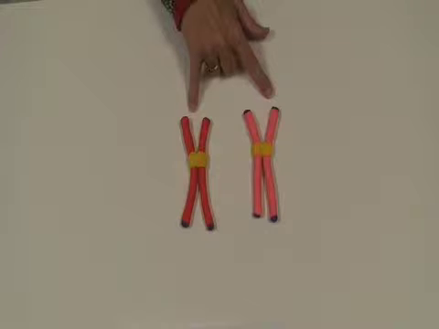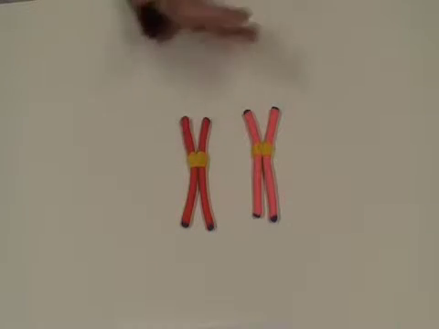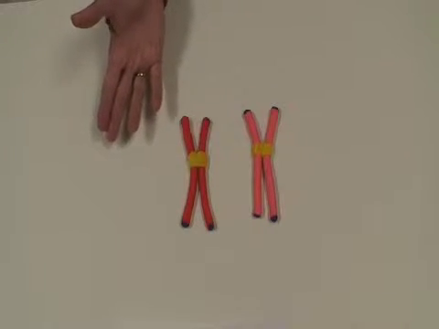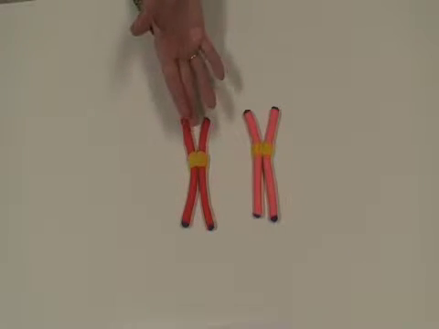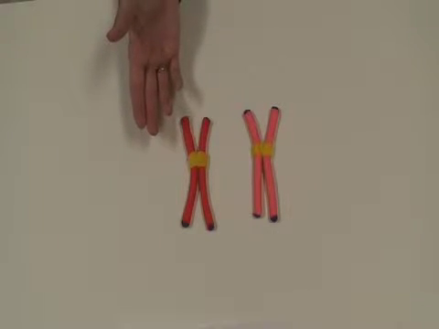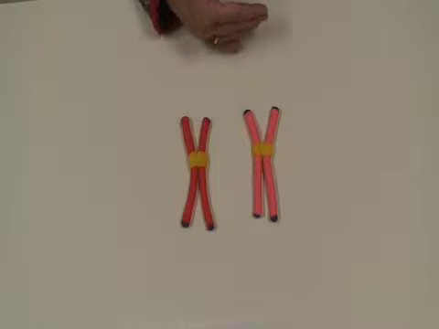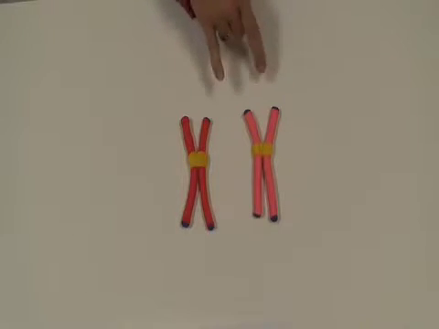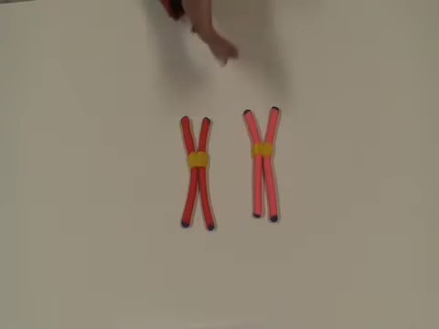These are homologous pairs. If I were to be talking about a gene, so for example, if we were talking about fruit flies and we were talking about a gene for vestigial wings, then I might be talking about one fly might be heterozygous. Heterozygous, as you all know, means two different alleles.